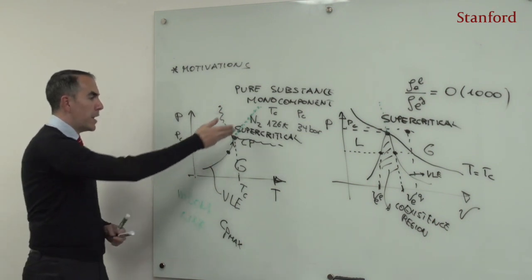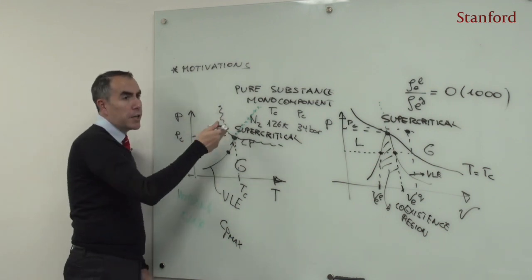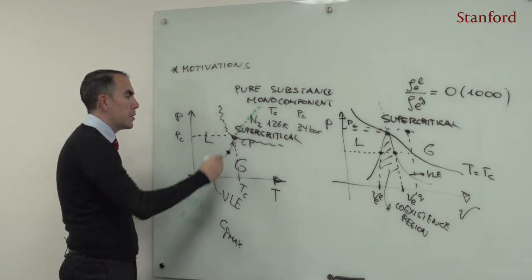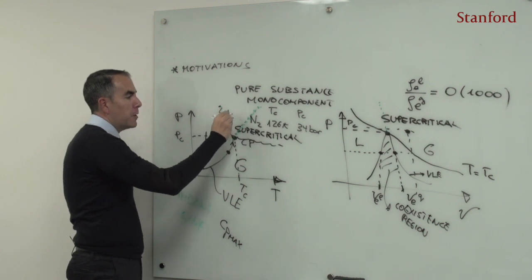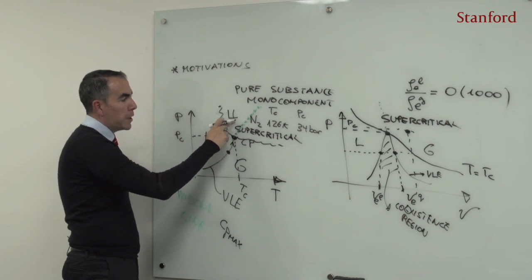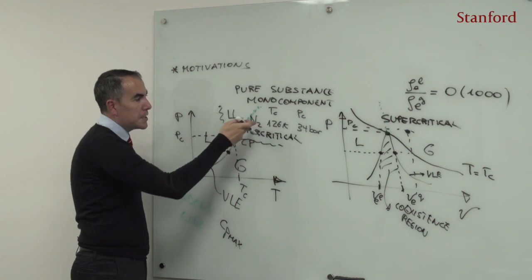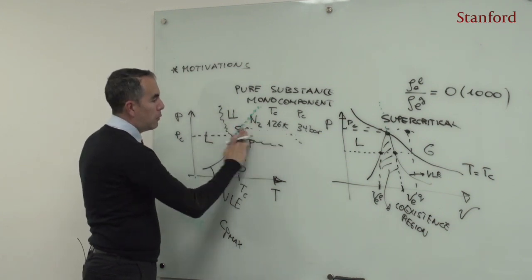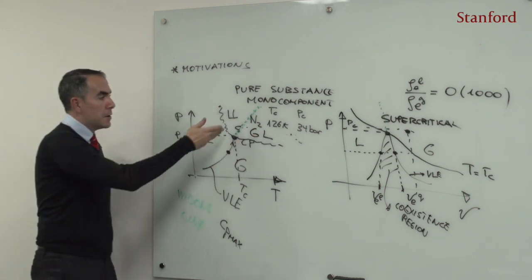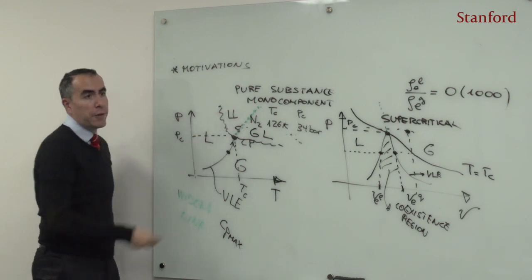In particular, to the left of this pseudo-boiling line, you have something that resembles a liquid, a sort of remnant of what is happening below the critical point. I don't say liquid, but it's liquid-like. And on the right, there is something that resembles a gas, and it's gas-like. There is a strong difference, not as strong as down here, but there is some difference between these two types of fluid.